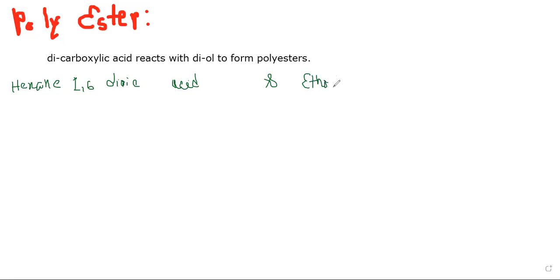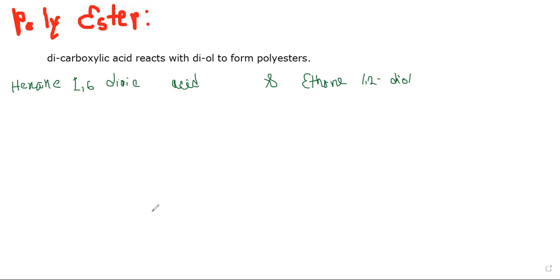So we have our reactants: the dicarboxylic acid, which is hexane 1,6-dioic acid, and another reactant, the diol, which is ethane 1,2-diol. So let's see how the products are formed.